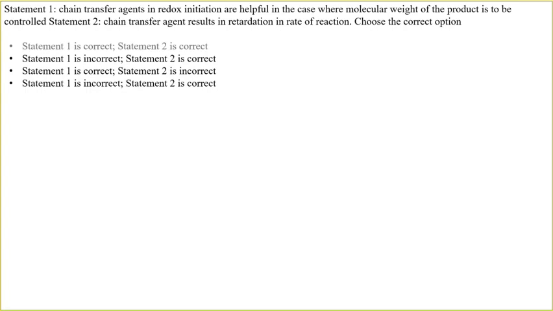This is also true because chain transfer agents are continuously transferring the activity of a single chain to the other chains, so the rate of the reaction is quite slow, as the activity is being transferred and a single chain is not able to grow to its maximum potential. So statements one and two are correct. The correct option for this question is the first one.